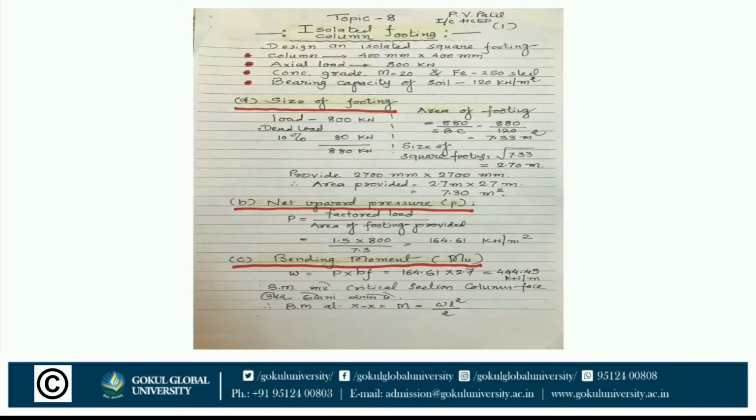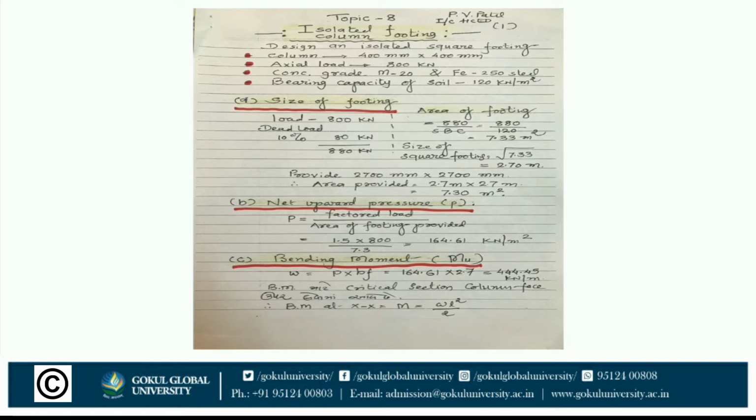So first of all we will find the size of footing. Here load is given 800 kilonewton. Total load will be, adding 10% dead load, 80 kilonewton, total 880 kilonewton.